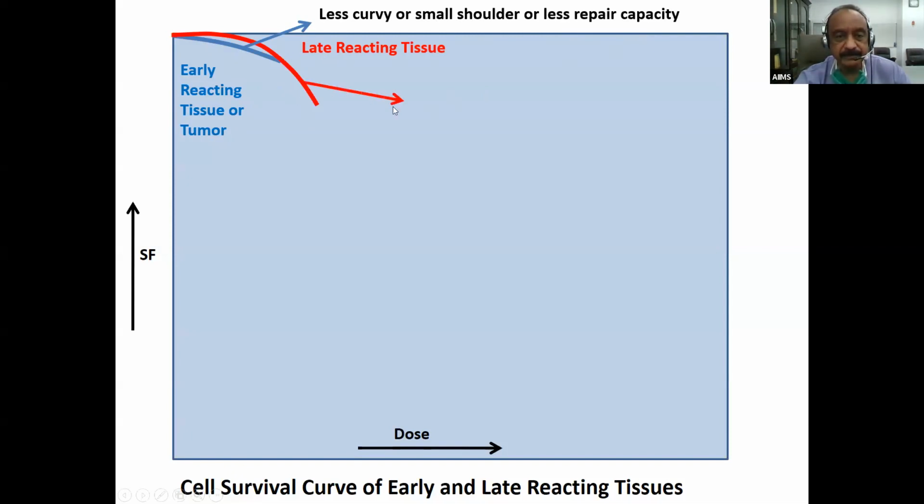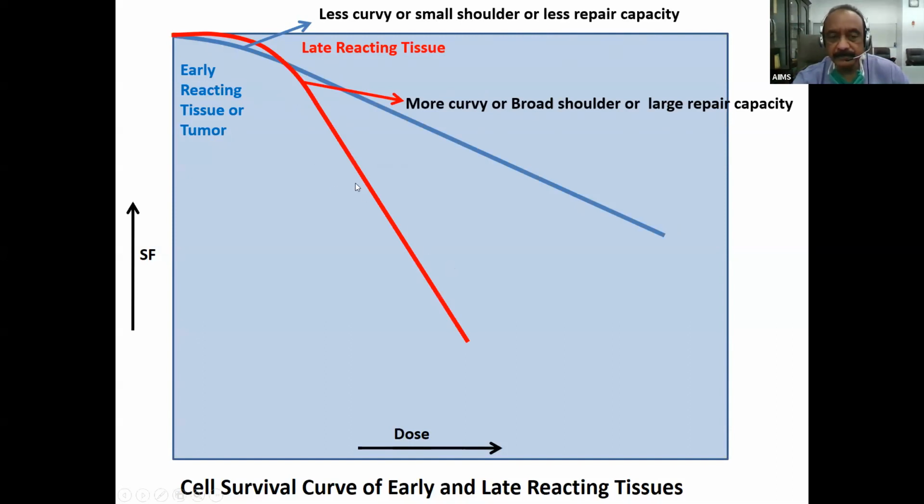This is more curvy, or we can say it has a broad shoulder, or it has a large repair capacity. And this is the terminal portion, which is a straight line for both types of tissue, whether it is late reacting tissue or tumor. So now I'm sure that you can differentiate between the two, the early reacting tissue or tumor versus late reacting tissue cell survival curve.